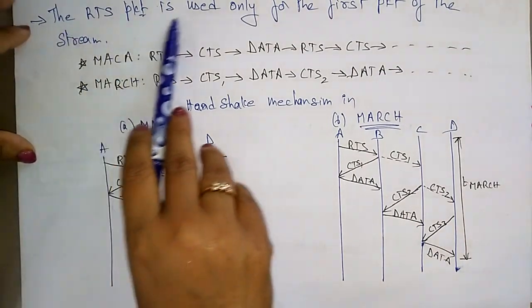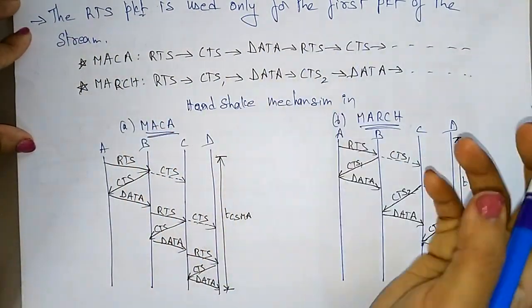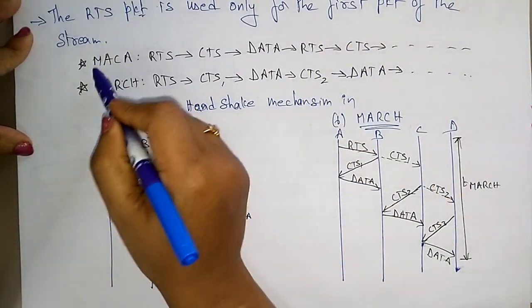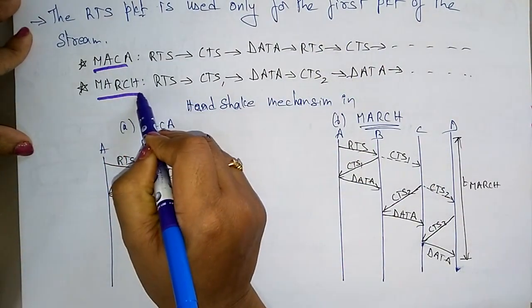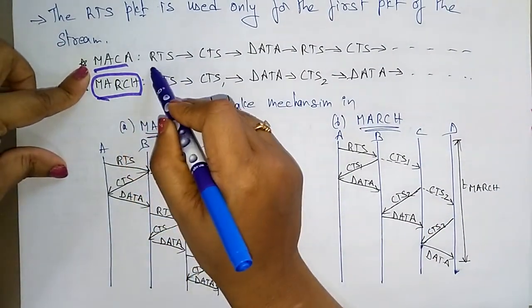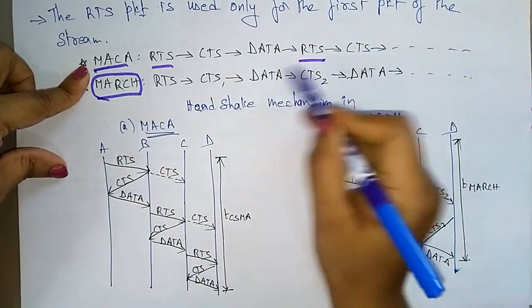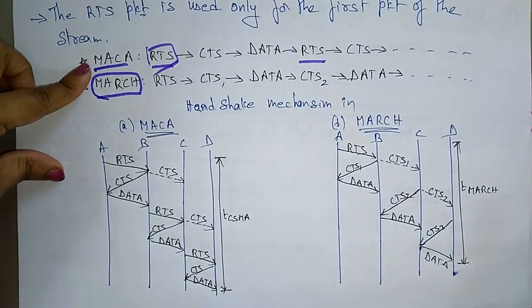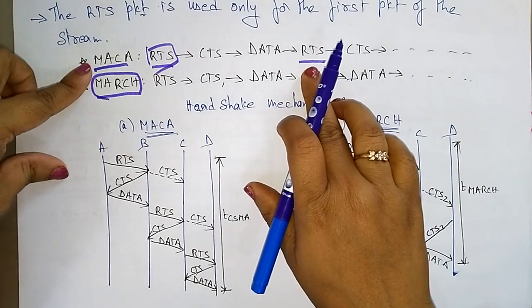The request to send packet is used only for the first packet of the stream. The main difference between MACA and MARCH handshaking is that in MACA we always use request to send packets. Whenever one round of communication is over, it again sends the request to send.